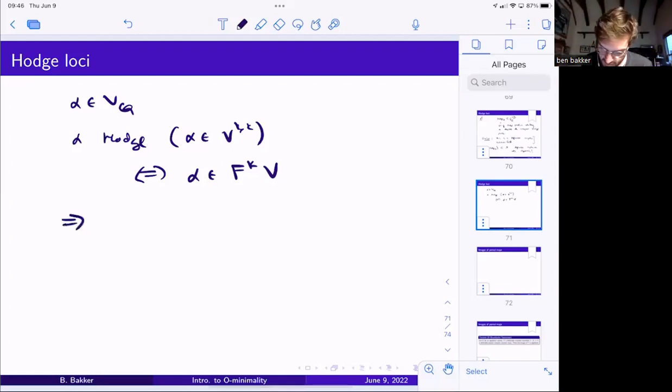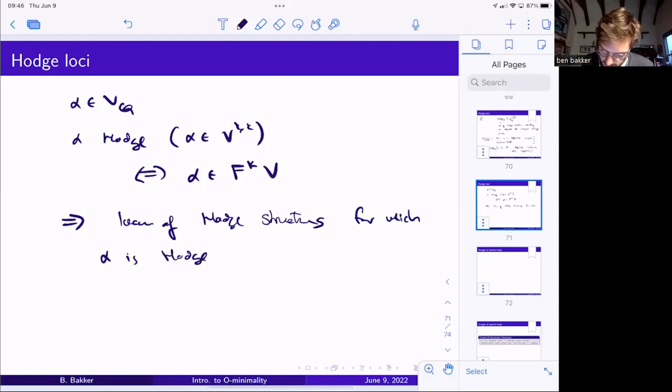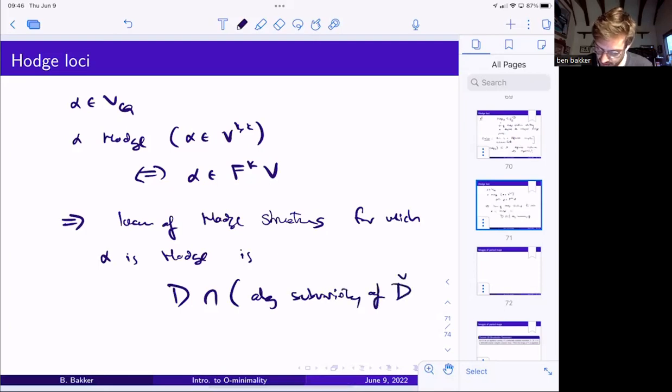So therefore, the locus of Hodge structures for which alpha is Hodge is just D intersect an algebraic subvariety of D check.